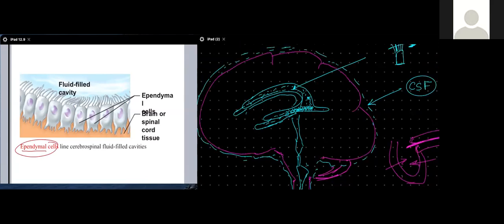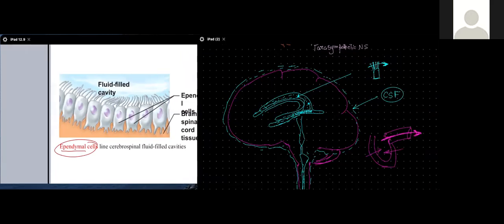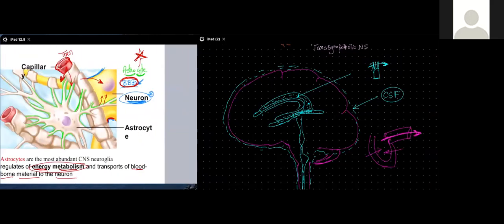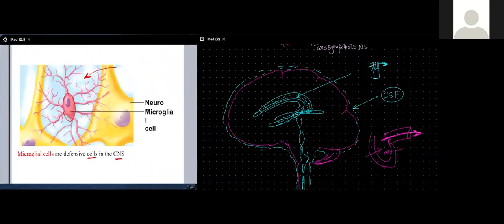So again, how many glial cells have we seen so far? We've seen 3 of them. One that looks like a star, we call this my astrocyte. It's going to be helping with the energy metabolism for the neurons, and also acts as a barrier between your blood and your brain cells. Another glial cell that we've seen is my microglial cell. It's a defensive cell that will be attacking pathogens.